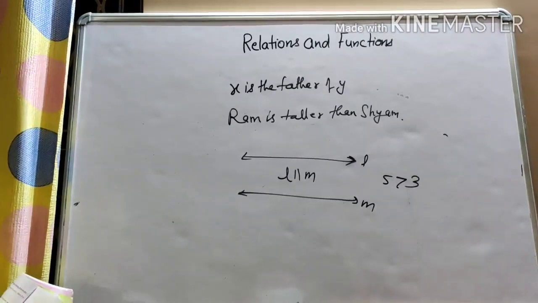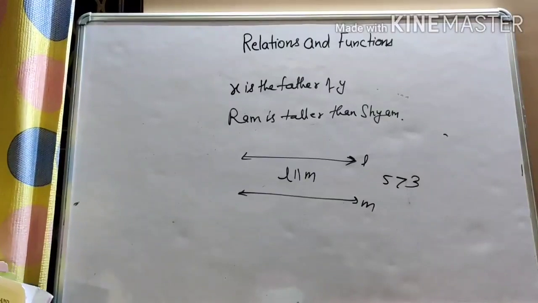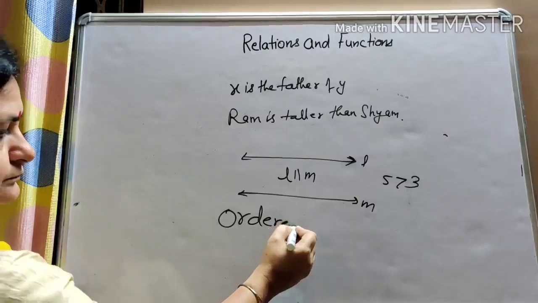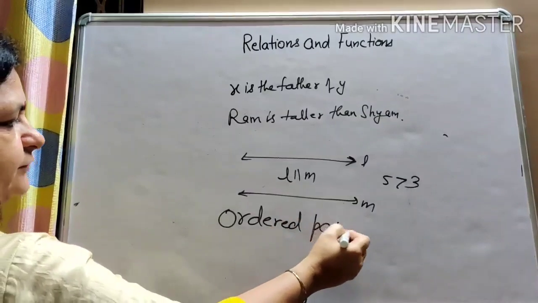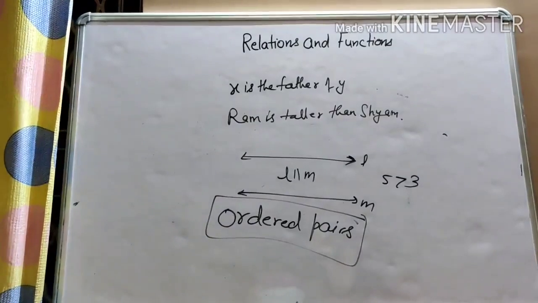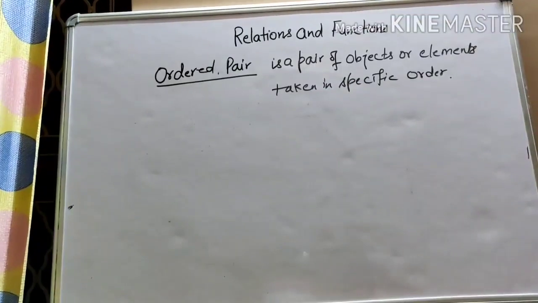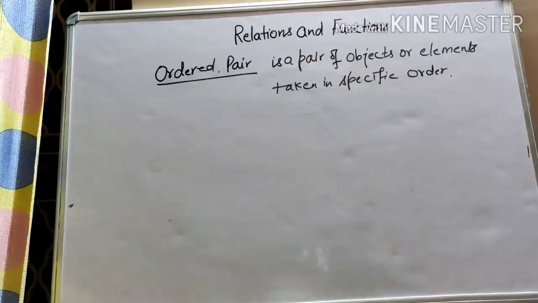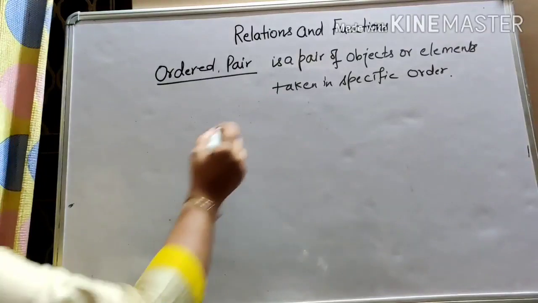For this, we must know about ordered pairs. So at first we will learn what ordered pairs are. Now what is an ordered pair? An ordered pair is a pair of objects or elements taken in a specific order.